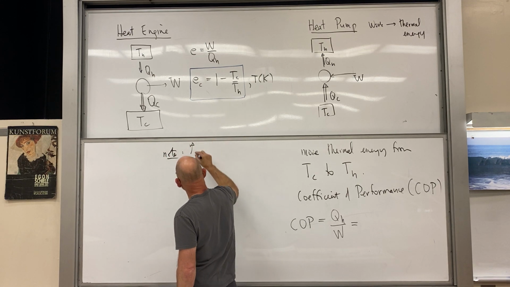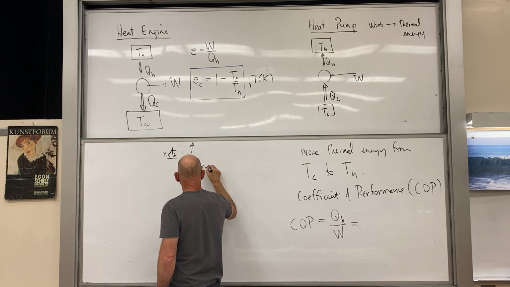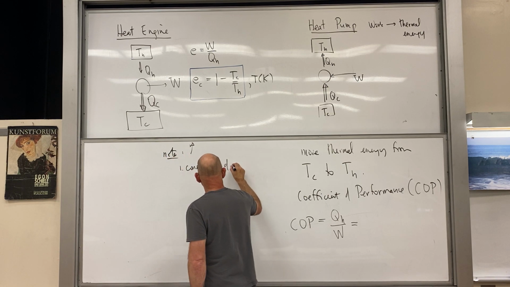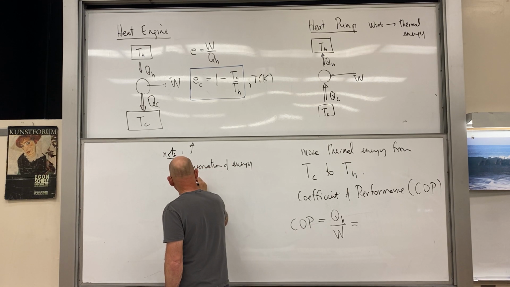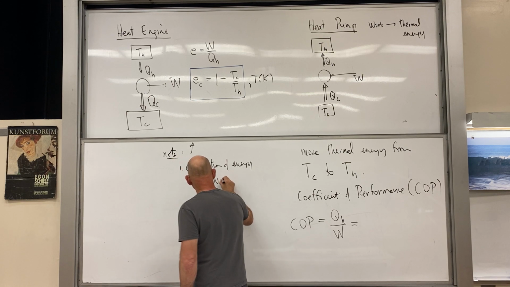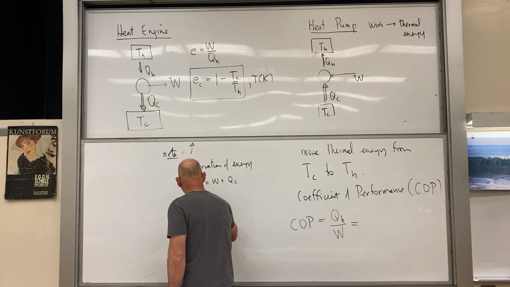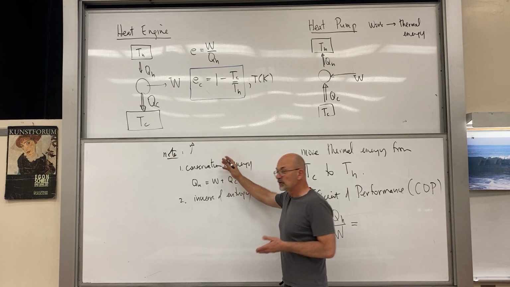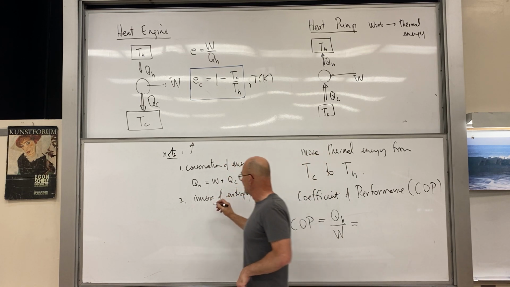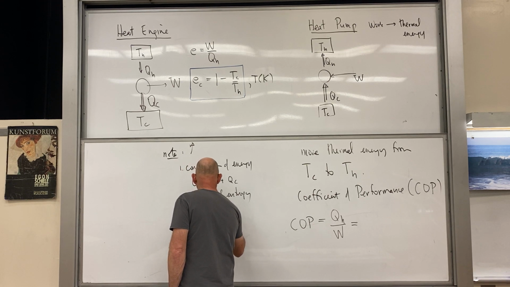So these things were obtained from conservation of energy, and at the time we said that was QH equals W plus QC, and increase of entropy.